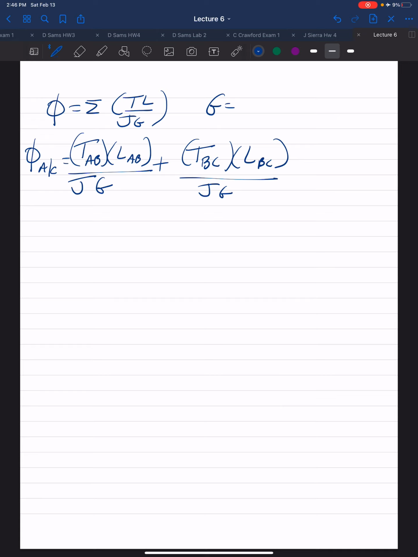So we go to the back cover. Our value for G for US for A36 steel is 11 times 10 to the 3 kilopounds per square inch, KSI.